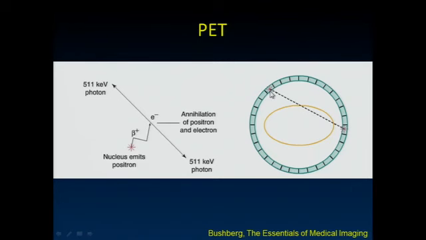Now, if I had timing electronics which were precise enough to tell me the exact time at which this occurred and the exact time at which this occurred, I could actually figure out the exact location on this line on which they occurred. If they were detected at exactly the same instant in time, the event must have occurred at the location so that this distance is equal to this distance.